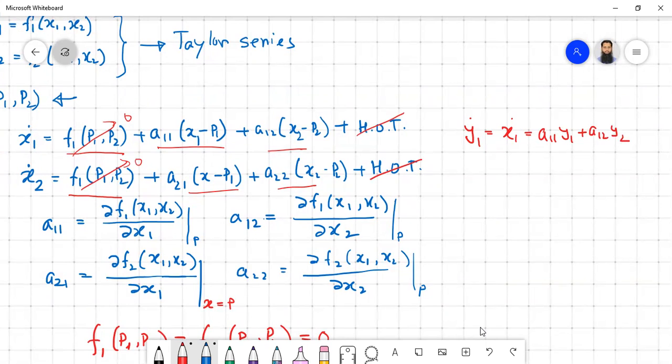I already excluded the higher order terms. Then y2 dot equal to x2 dot equal to a21 y1 plus a22 y2.